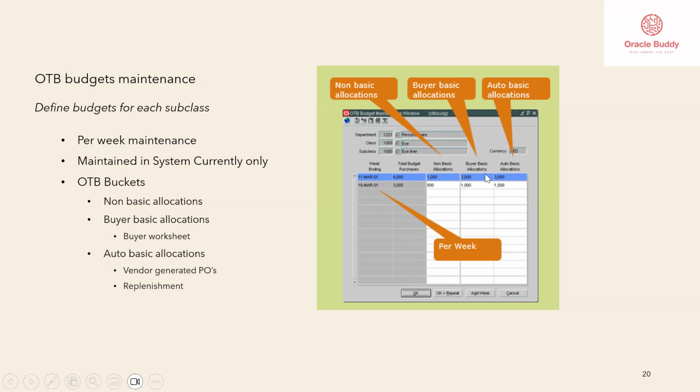For BRB we have maintained 2,000, and for ARB we have kept 3,000. You can set it up like this, and you can put a currency for every week. You can set up in your OTB maintenance screen how many dollars you can allocate for each type of order type, every month or every week.